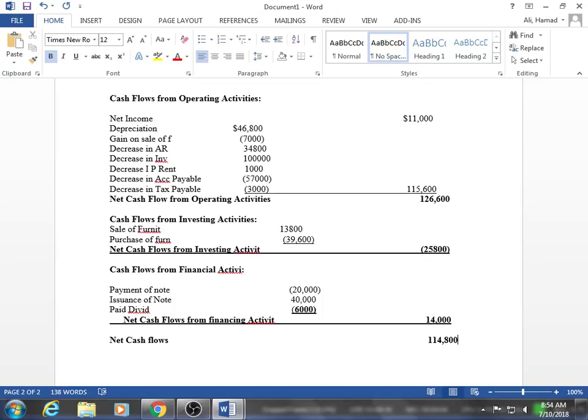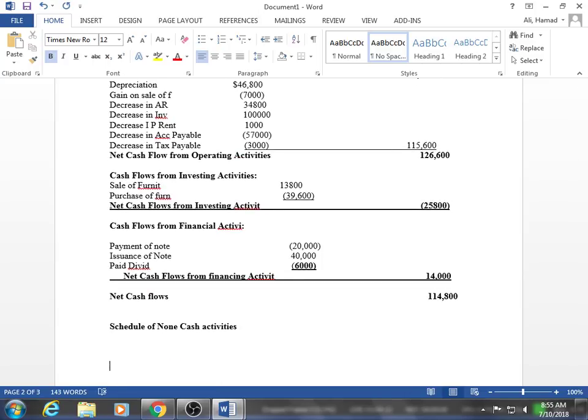All right, so now we're going to put the last section, and we call it schedule of non-cash activities. And under that we have what? We have conversion of bonds payable.